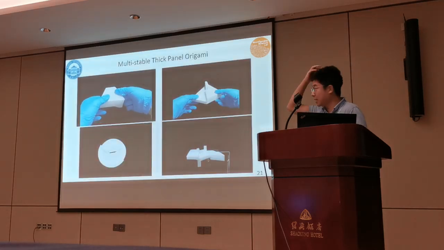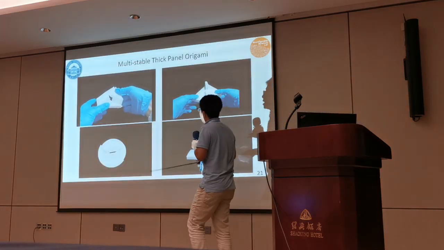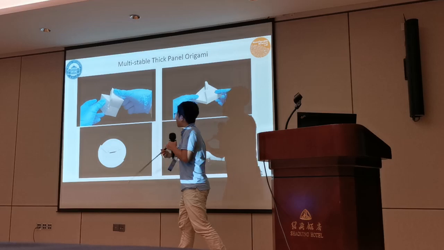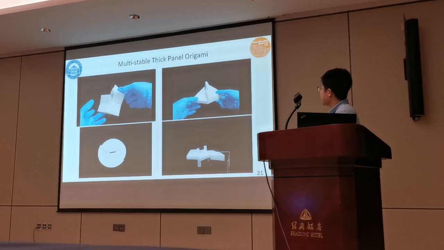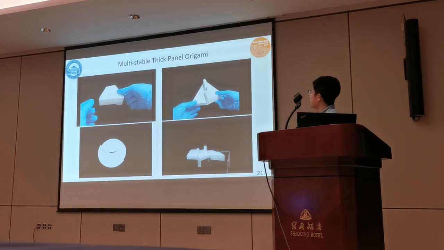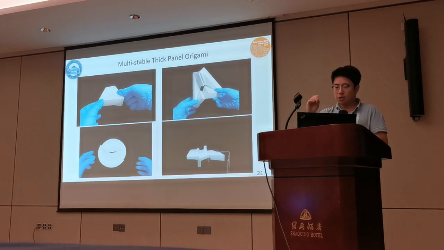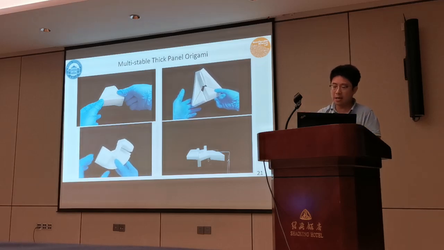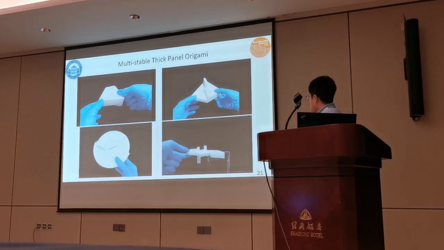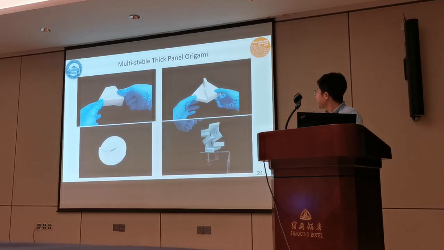Here is another one. We also realized that we can do multi-stability in panels. This is a bistable one, and here is another bistable one. I think they are being passed around, so you can check them out. Here is another bistable one, and another.